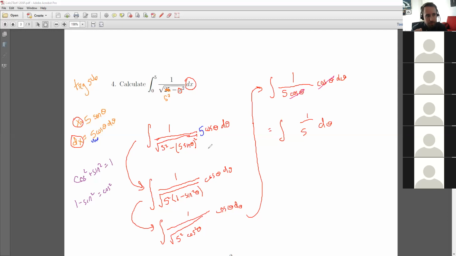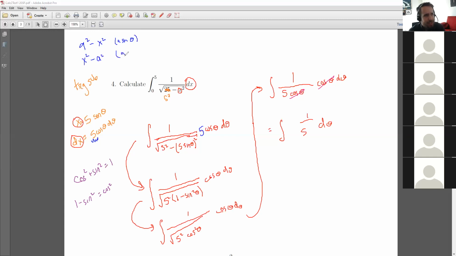I was going to wait till the end, but since you asked, you picked 5 sine theta because of the structure of what's under the square root, right? Yes, 100%. So the sort of structures that we're looking for in these kind of problems are either a squared minus x squared, and that becomes the choice that we make is a sine theta. We have an x squared minus a squared. That was really the odd one.